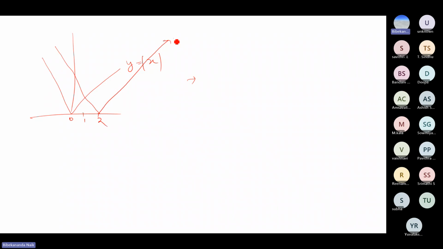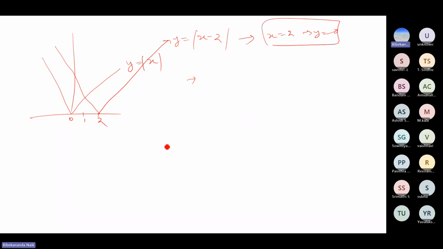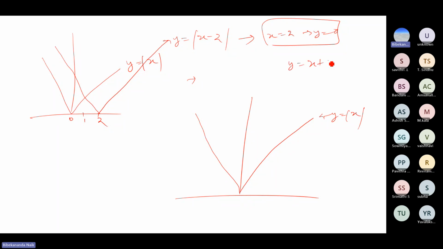So this is y equal to |x - 2|. As you can see here, at x equal to 2, y equal to 0. But similarly, when you plot |x + 2|, when x equal to minus 2, then y will be 0.